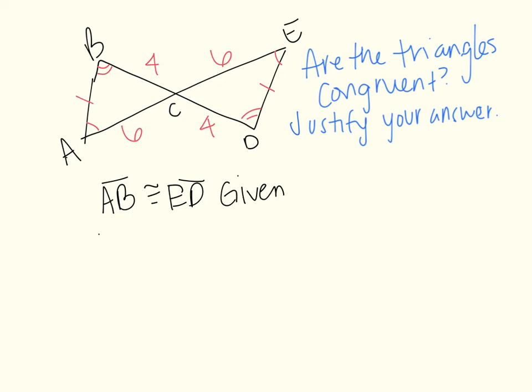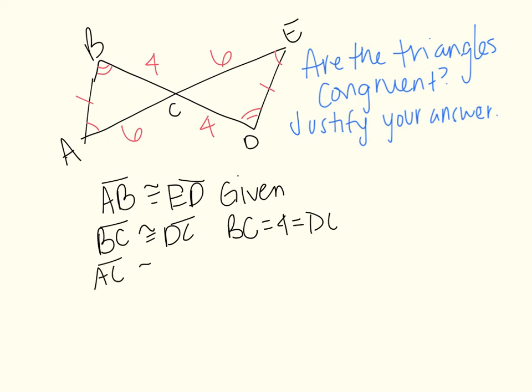We know that BC is congruent to DC because BC is 4 and so was DC. That gave us enough information to tell us that those were congruent. If they're equal, then they are congruent. Remember that. We know that AC is congruent to EC because AC was equal to 6 and so was EC.